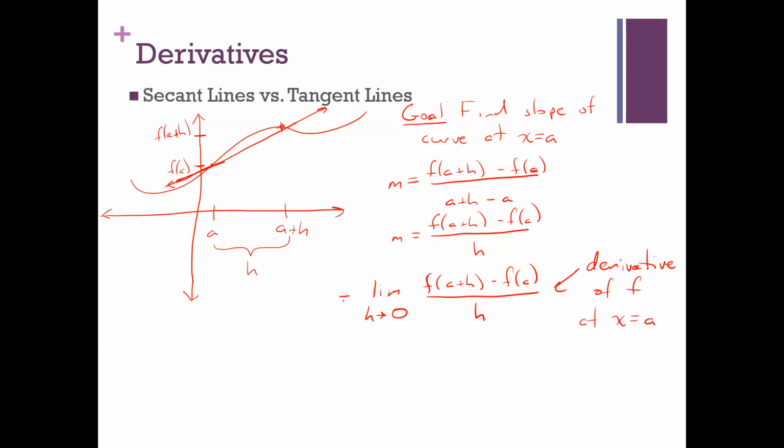And a piece of notation that maybe you've already seen, we're going to use a lot here is f prime of a. What that f prime says is, what is the value of the function? What is the derivative? What is the slope?